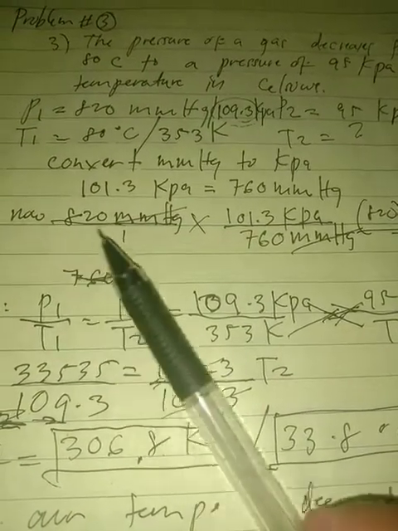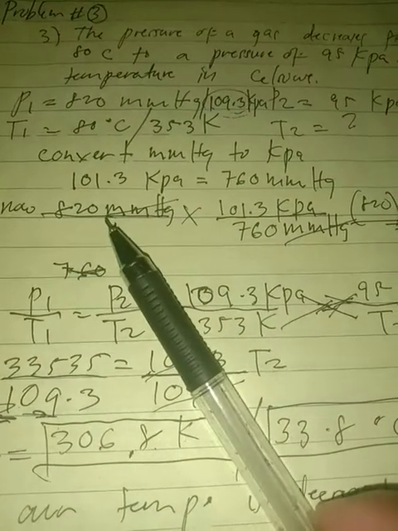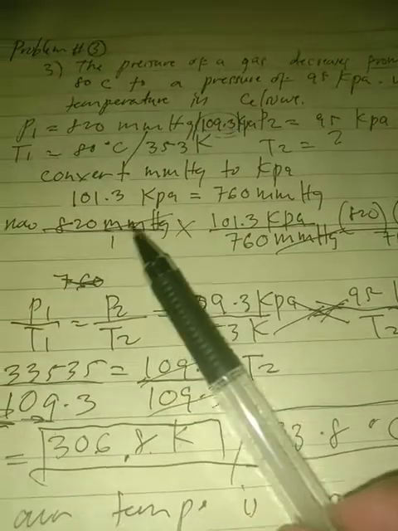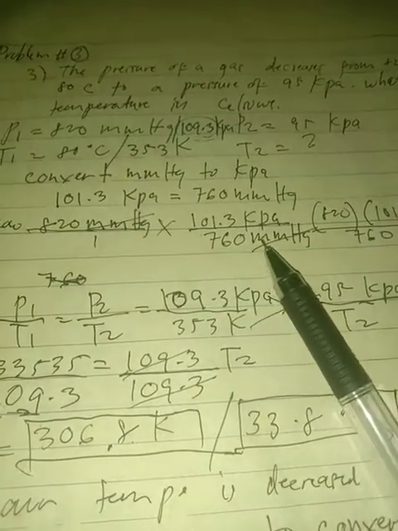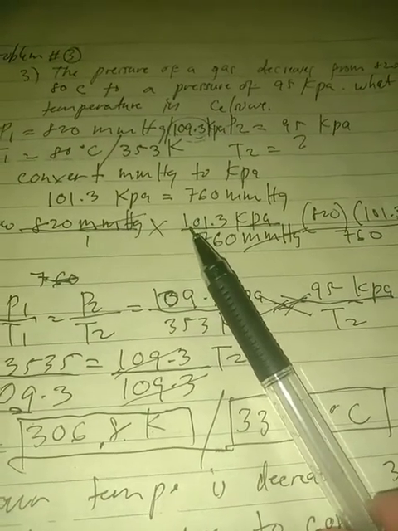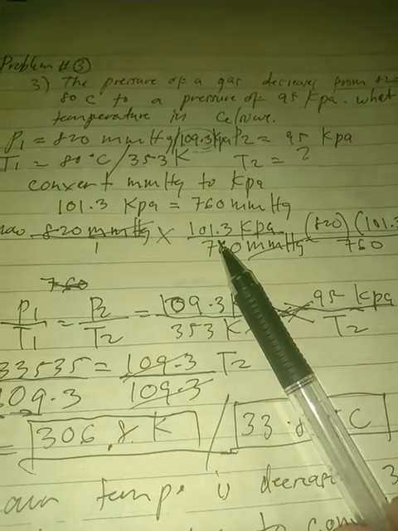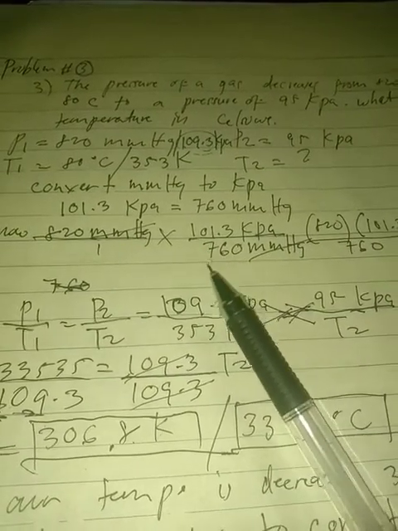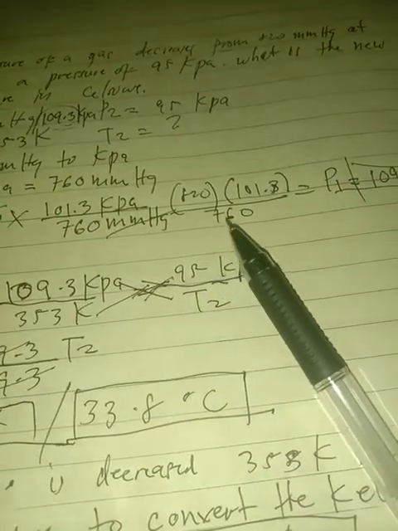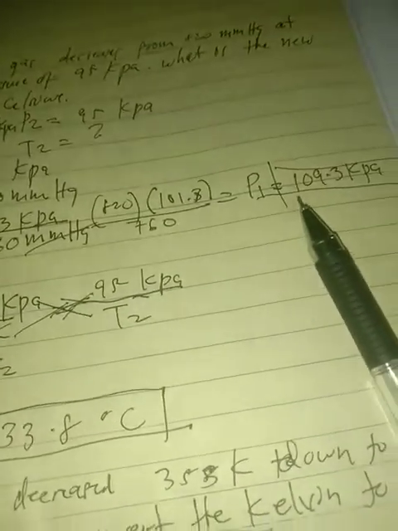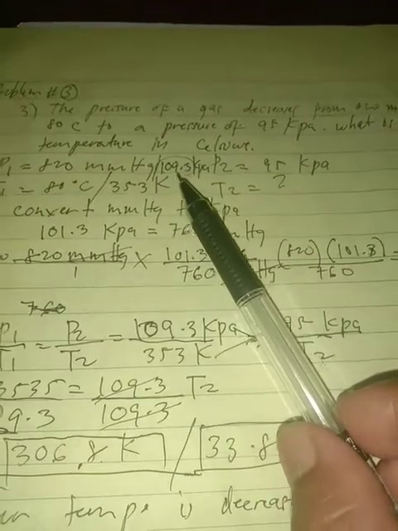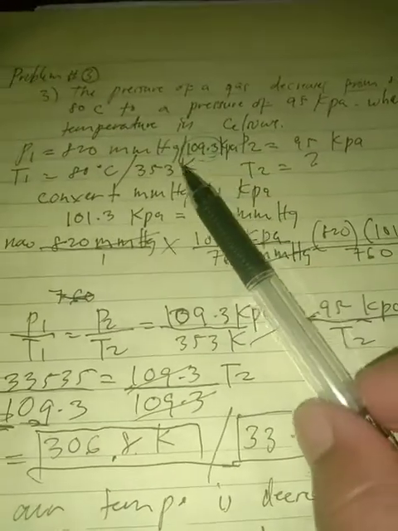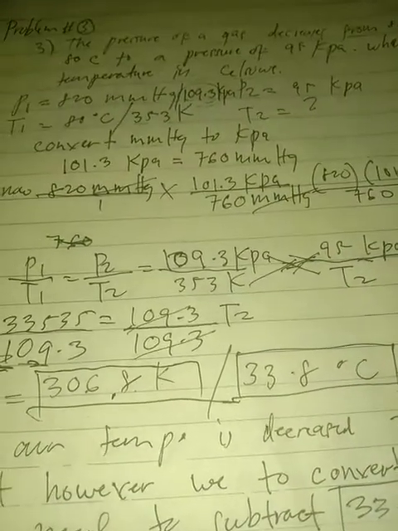So we write 820 mmHg times 101.3 kPa divided by 760. Then the answer is 109.3 kPa. So that's why we put here 109.3 kPa. This is the P1, our pressure number 1.